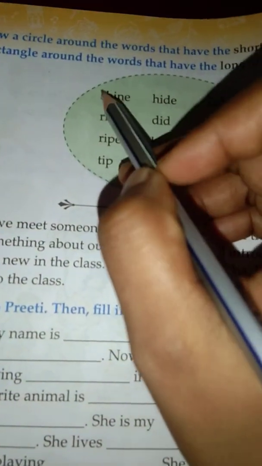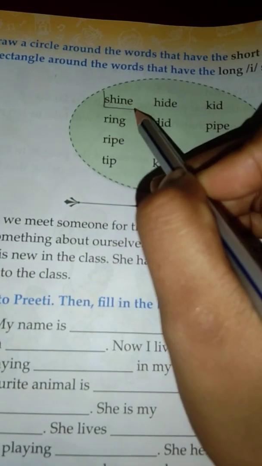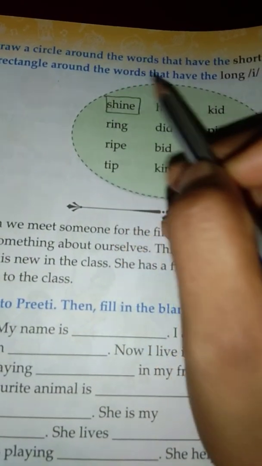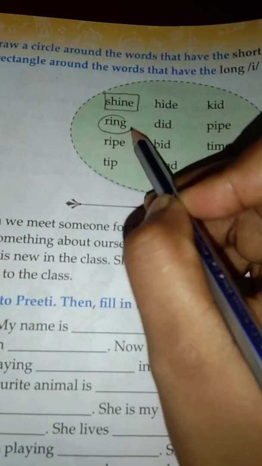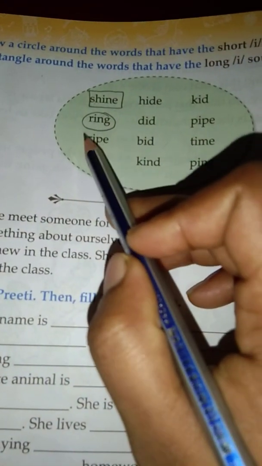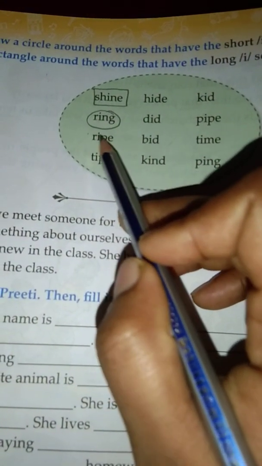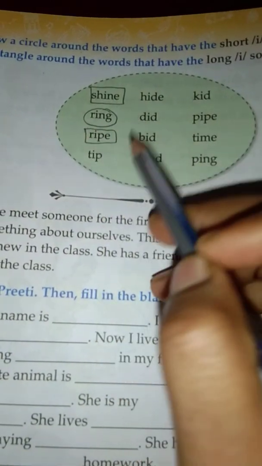So, shine: is it short or long? Yes, it is long I sound, so rectangle. Then ring: it is short I sound. Next is ripe: it will be long I sound.